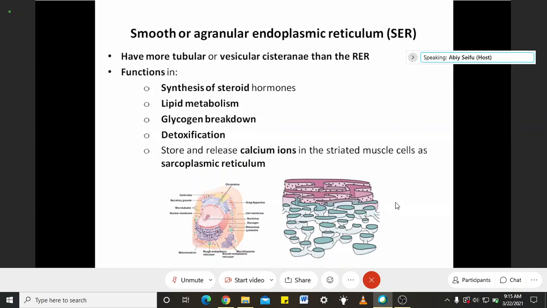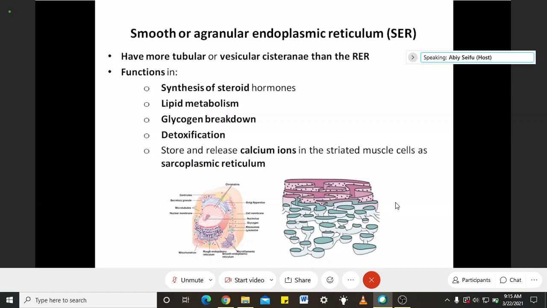In addition to such important functions in different types of cells, the smooth endoplasmic reticulum is also involved in calcium storage, specifically in skeletal and cardiac muscles. You know, calcium ions are important for muscle contraction.